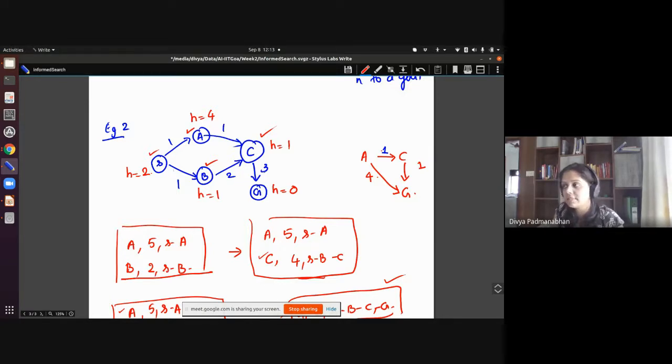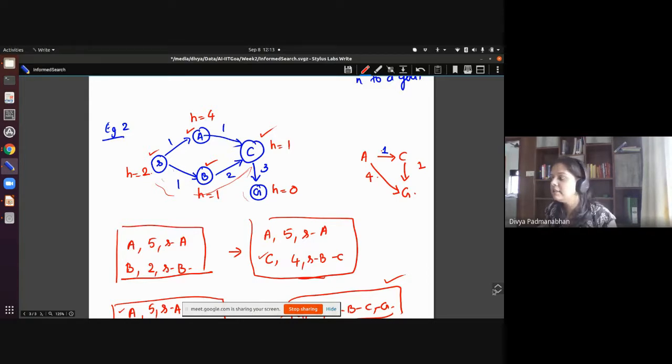So a total cost of 5, whereas A star is going to go along this path, SBCG, which has a cost of 6. The reason is that it first travels along B because the heuristic said it's 1, and the total f value is 2. It expands along this path, and it reaches C, it marks it as visited, so there's no chance to revise to a different path.